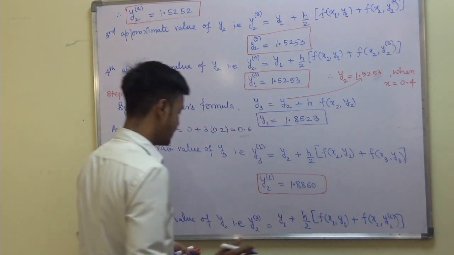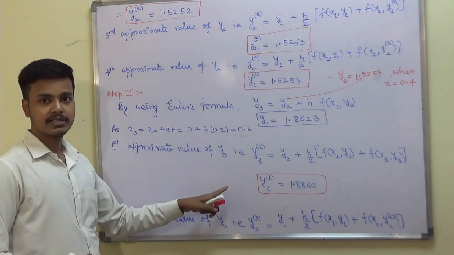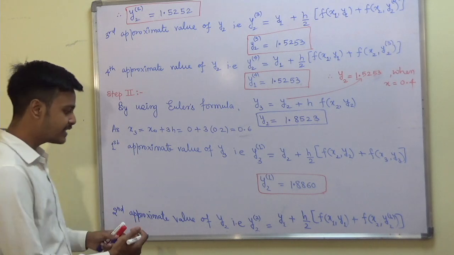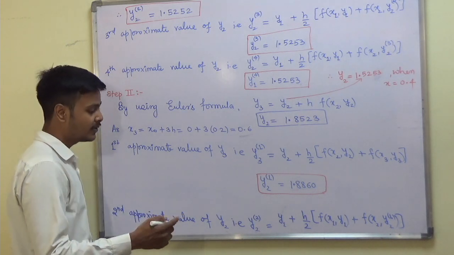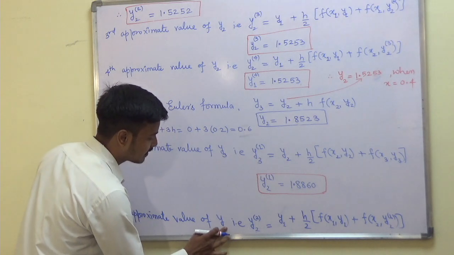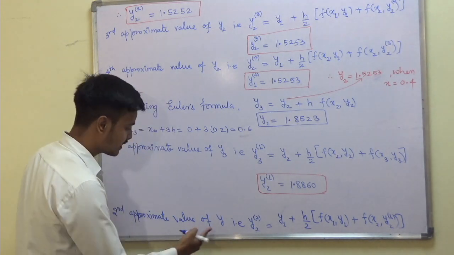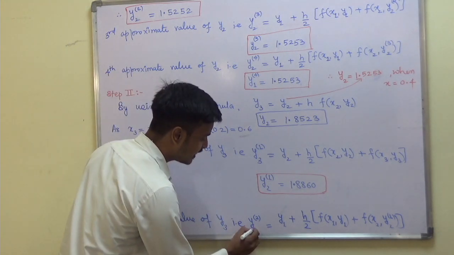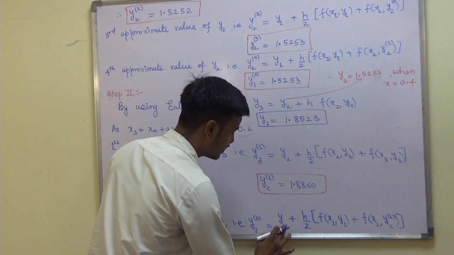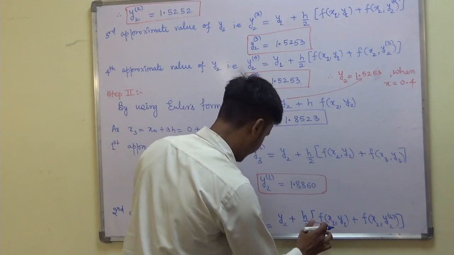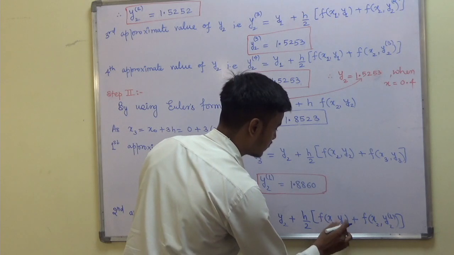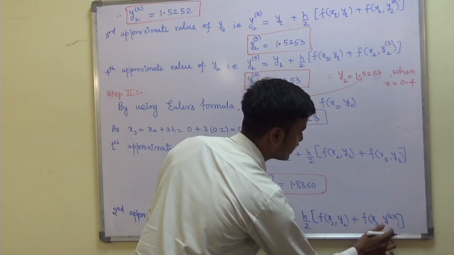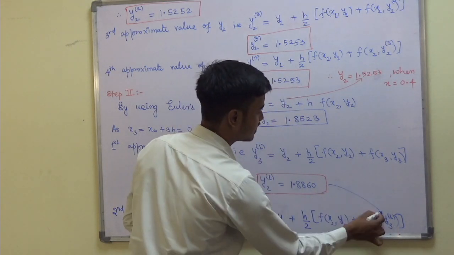Now again, because the process will not terminate at the first approximate value, we will have at least 2 approximate values, and depending on the problem it may increase. So the second approximate value of y3 is y32, which is y2 plus h by 2 f of x2, y2, and then x3 and y31, which is this value.